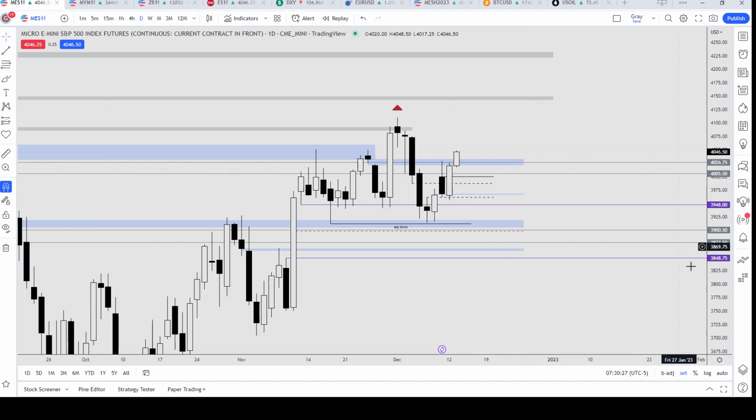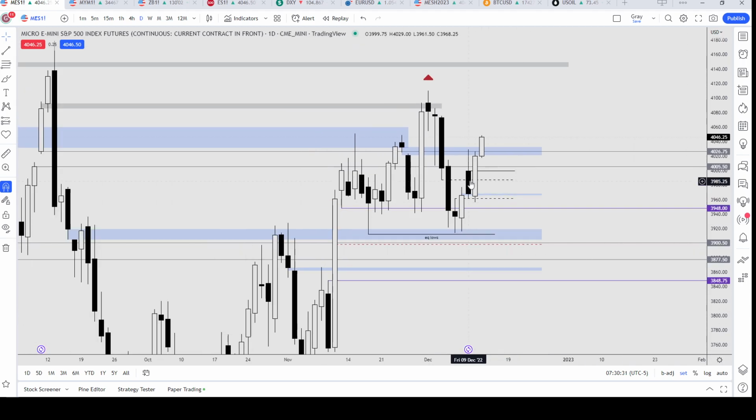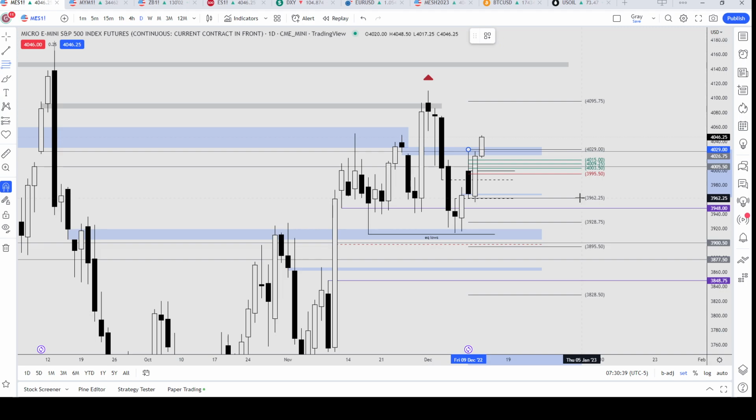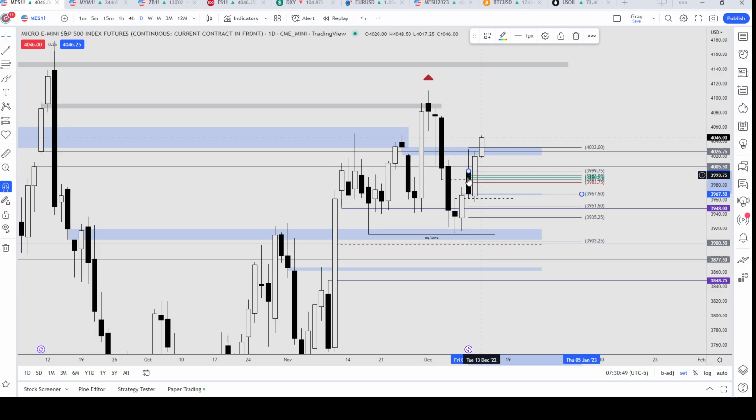And why do I say so? Because for propulsion order blocks, usually it doesn't get traded to the 50% of the entire order block. So when you stretch it out, 50% is this area, but what I'm using is the body of the candle. So below here, the balanced price range, this is the 50%.